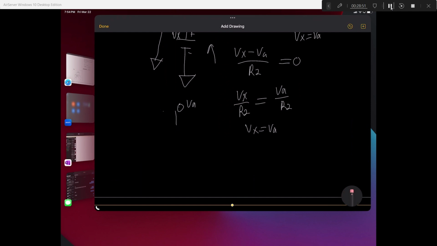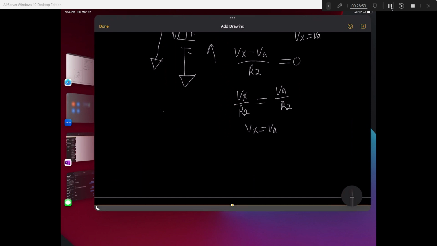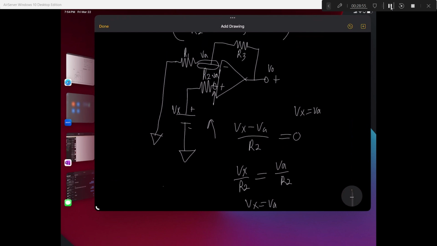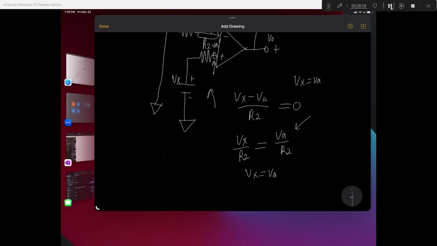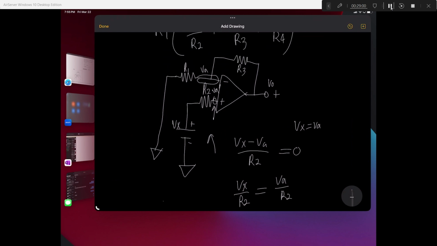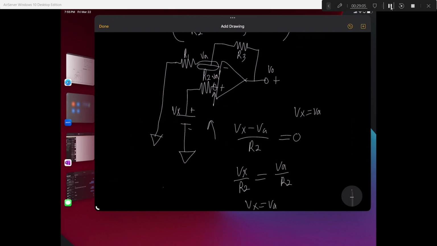But we're going to keep it at nodal analysis as to why they're equal. So Vx is equal to Va.